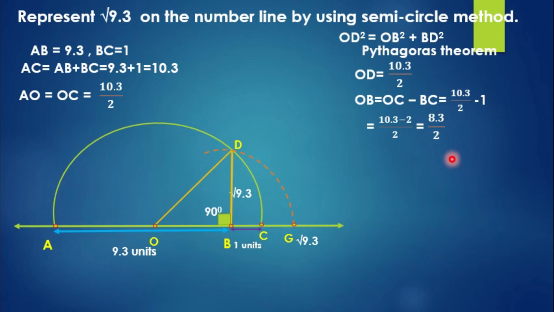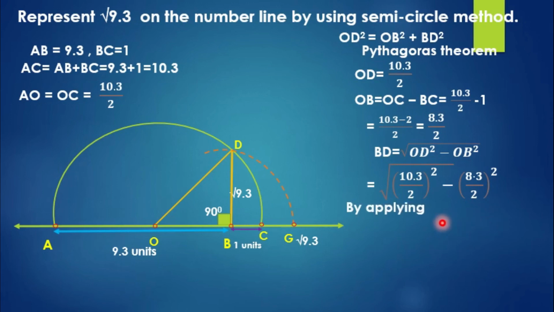Therefore, BD is equal to square root of OD square minus OB square, is equal to square root of (10.3 by 2) whole square minus (8.3 by 2) whole square. Now here we will apply the identity a square minus b square is equal to (a plus b) into (a minus b).